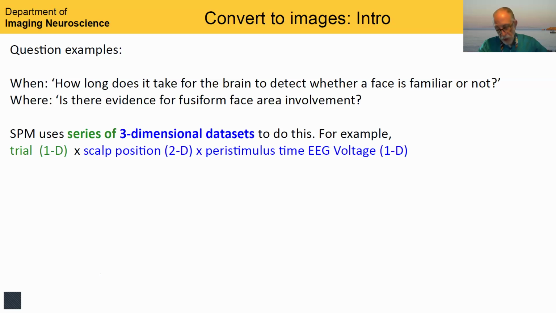Okay, but when you do this for real, you're not going to go very far with these averaged data. We want to ask questions like, how long does it take the brain to detect whether a face is familiar or not?